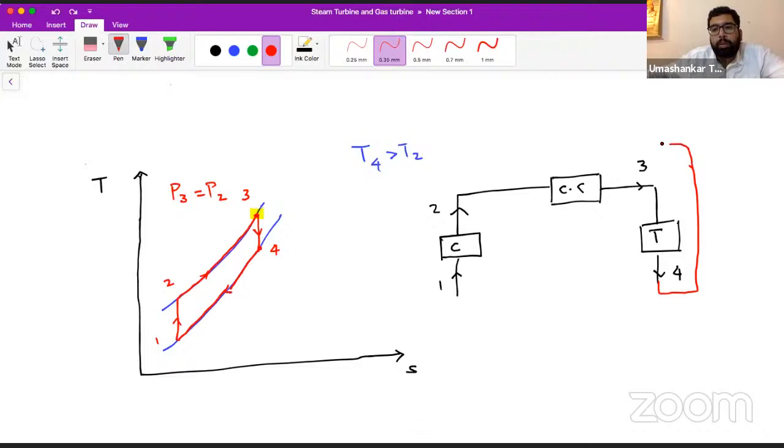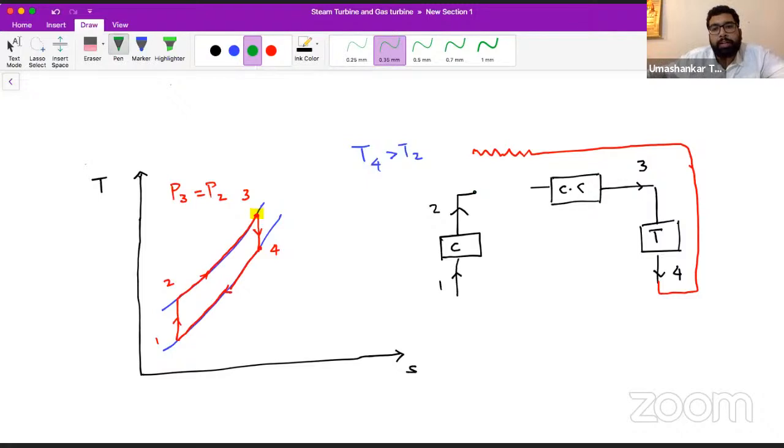The air which was exhausting to the atmosphere, now we will apply, or we will make, our regenerator, which is nothing but simply a heat exchanger. So you can call it a heat exchanger, or you may call it a regenerator. Both are the same thing. Regenerator also is a heat exchanger.